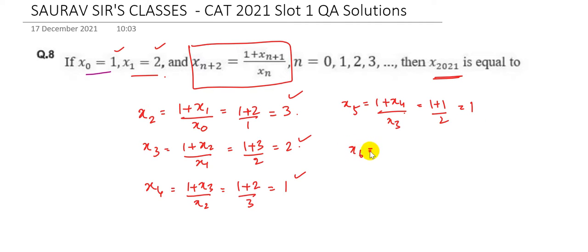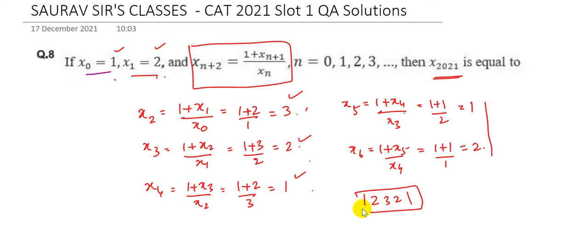Let's see x6. This is 1 plus x5 by x4, which is 1 plus 1 by 1, which is 2. That means now we are going back to the cycle of 1, 2, 3, and so on. So there is a cycle of 1, 2, 3, 2, 1, and this is going to repeat.